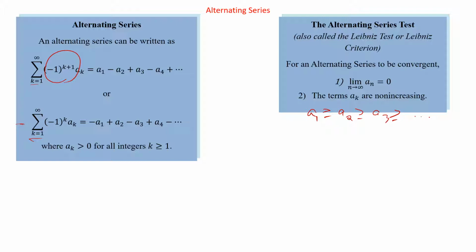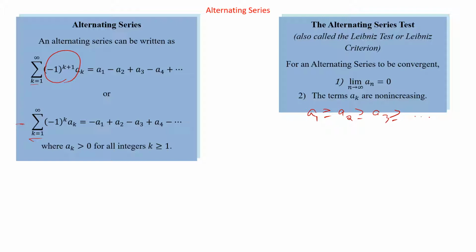There are some really weird series that could have a limit going to 0 and yet still not be non-increasing, where it still goes up and down a little bit even though it's going to 0. But those are kind of weird.